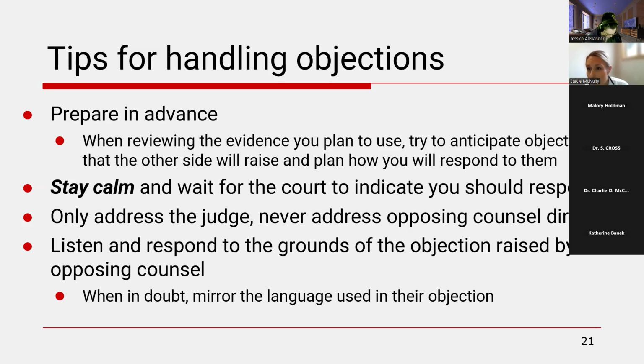Well, a rule of thumb is to say, Your Honor, this is not prejudicial. I don't even have to know what that means to at least respond in a way that is somewhat addressing the matter. So that's a good rule of thumb: mirror their language. But as you prepare more and more, you'll get more comfortable with the actual things that you need to say.